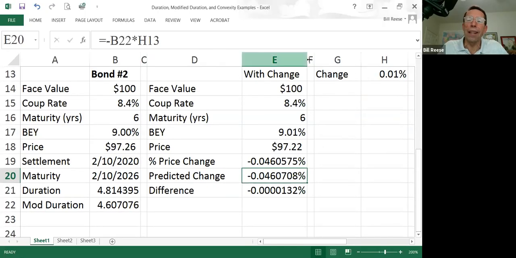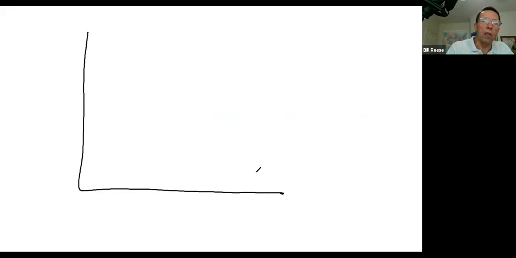So first of all, let's talk about what convexity of a bond is. And let me go back to the whiteboard for this. We have already mentioned that if this is the price, P, and yield of a bond, the price-yield relationship is in fact convex.